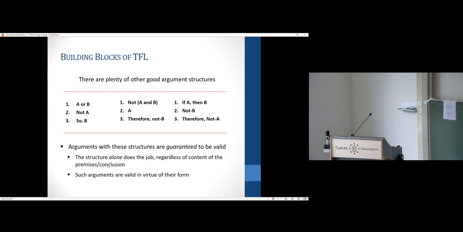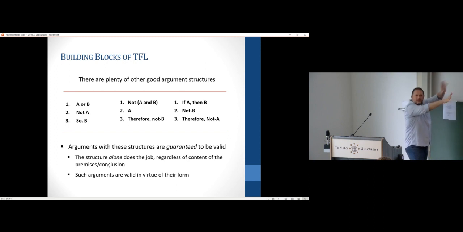If the match lit, then there must be oxygen present. We know there's no oxygen present, so what couldn't have happened? The match couldn't have lit. So again, it's a subtle difference from the argumentative structure before, because remember the argumentative structure before was: if A, then B, A, and the conclusion was B.